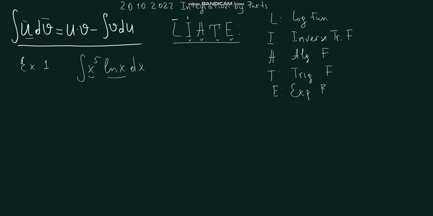According to LIATE, L comes before A. That's why we use for u the logarithmic function ln of x, and the rest of the factors, x to the fifth power multiplied by dx, let it be dv.